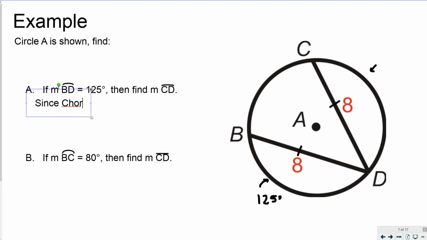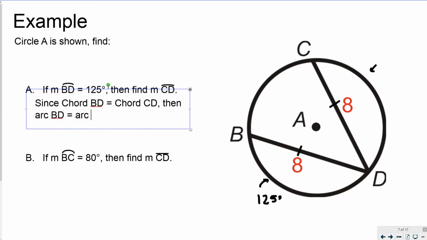Since chord BD equals chord CD, then arc BD equals arc CD. So the measure of arc CD is equal to 125 degrees.